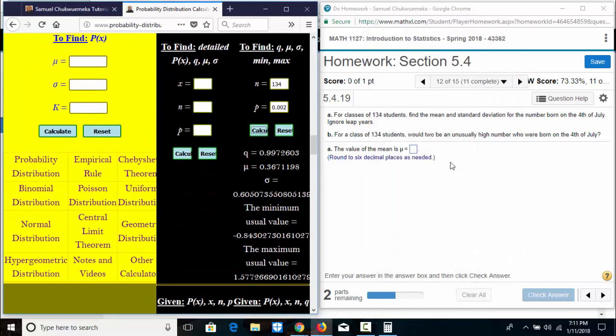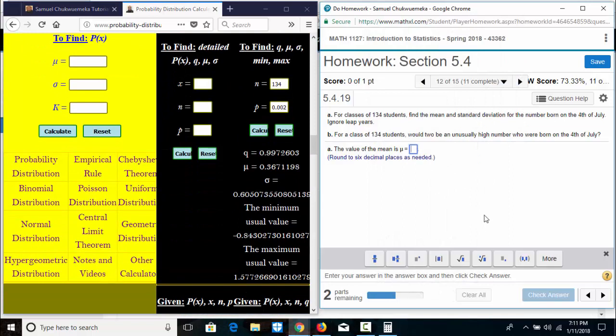Calculate the mean to 6 decimal places, which will give us 0.367120.